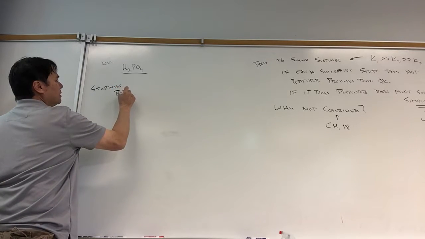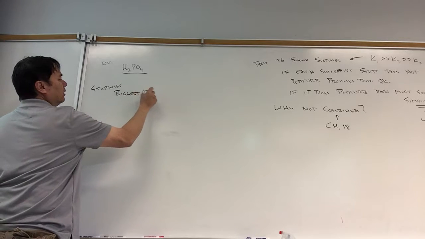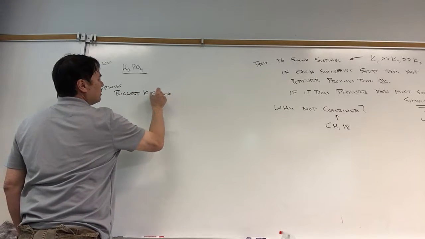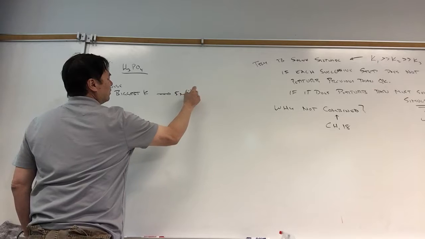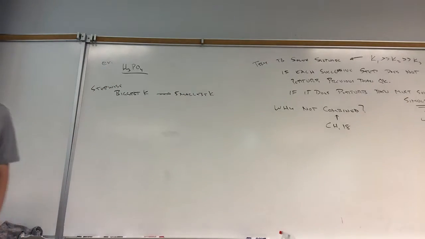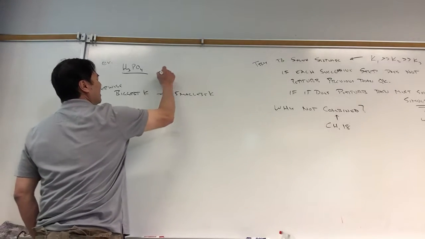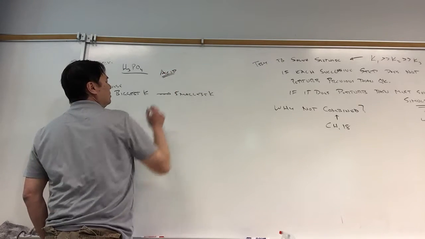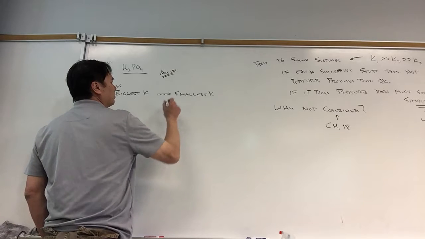You start off with the biggest K, and then you go down to the smallest K. The biggest K should have the most significant contribution of hydronium. Since this is an acid, we look for all hydronium producers.